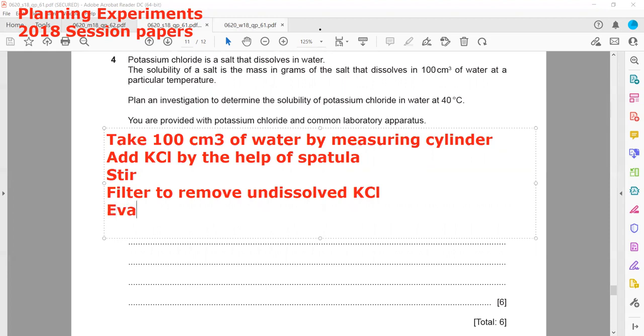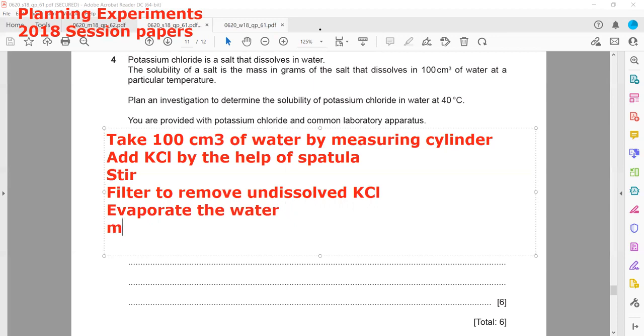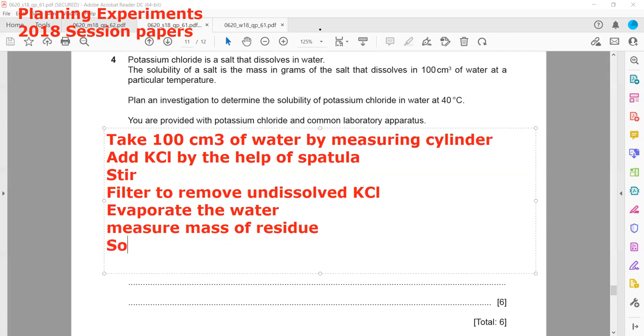Then we will evaporate the water. Then we will measure the mass of the residue. Then solubility will be equal to mass divided by volume. So this is how we work out the solubility.